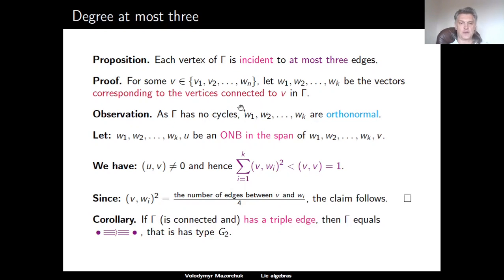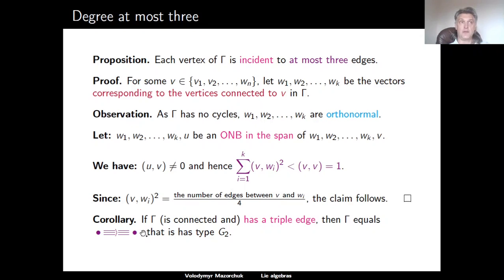One interesting corollary of this proposition is that if our diagram gamma has a triple edge, then gamma equals the Dynkin diagram of type G2. Indeed, each vertex is incident to at most 3 edges, so no other edges from any of these two vertices are allowed, and since the diagram is connected, it must coincide with this diagram.